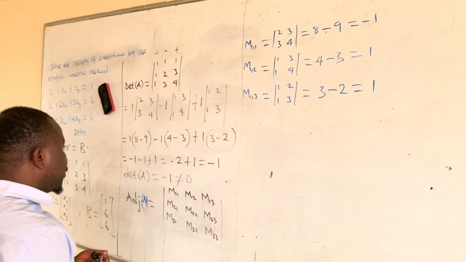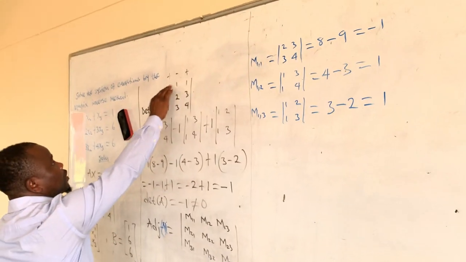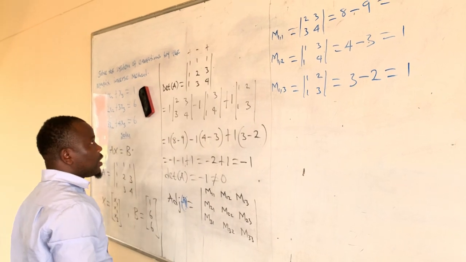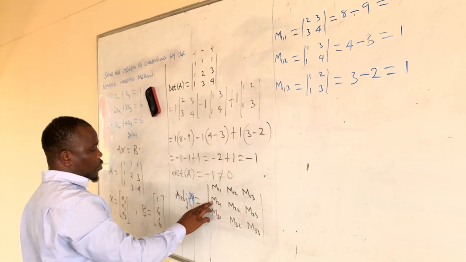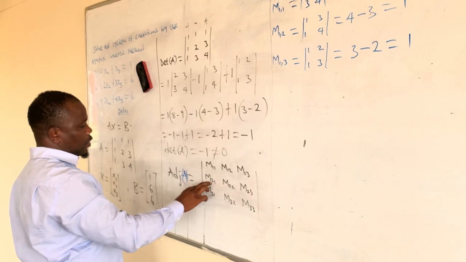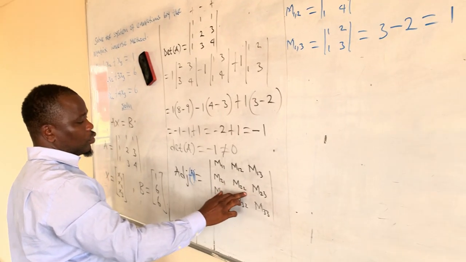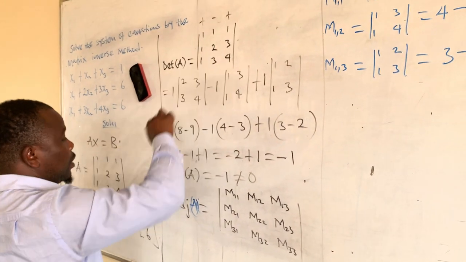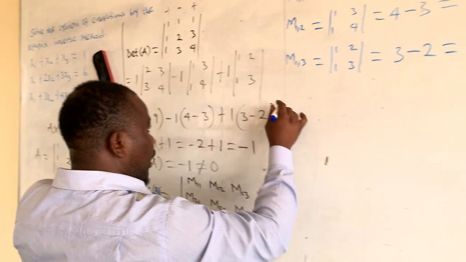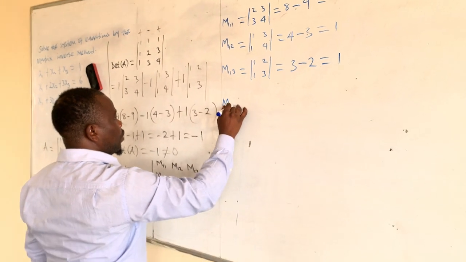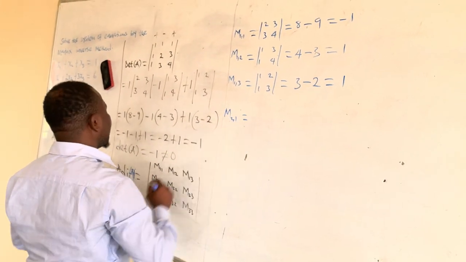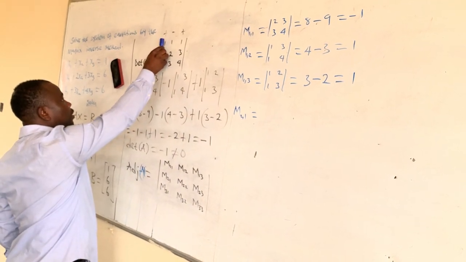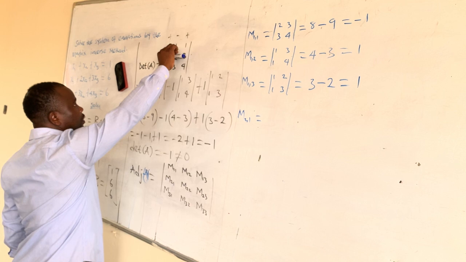Okay? Now we are done with this row. Let's come to this second row. It means we want to look at this row: M2,1, M2,2, M2,3. M2,1 will affect this column and this row.